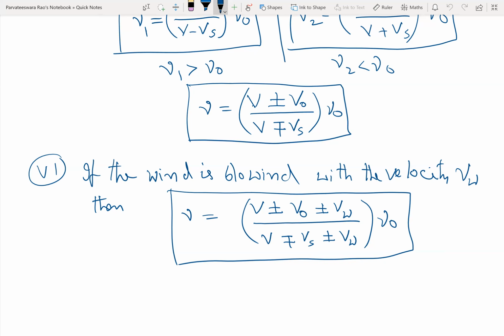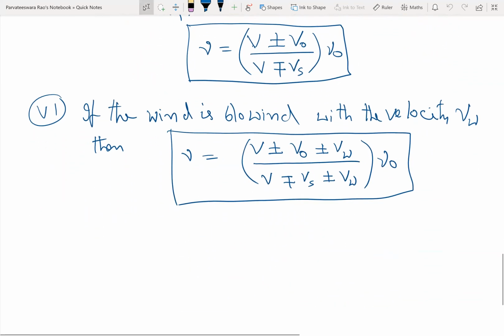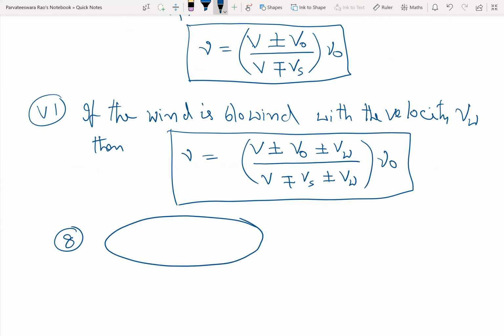So in this, different possible options will come. For example, this is a merry-go-round. Say some elephant, and you are the observer sitting on the elephant. So the merry-go-round is revolving.